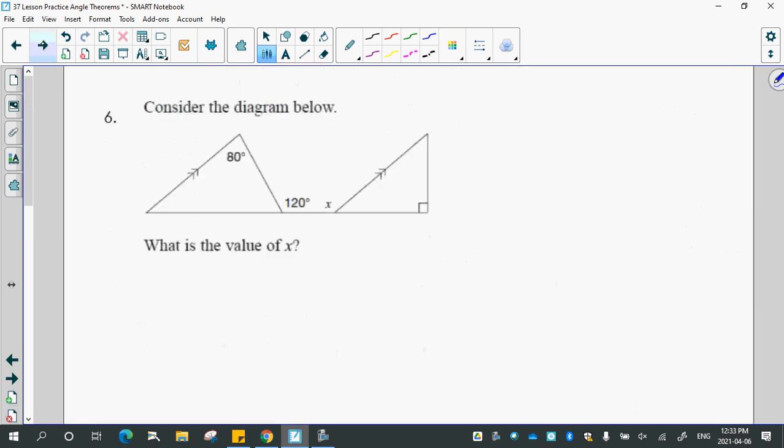All right, consider the diagram below. What is the value of X? This was also a stumper the year it was on. There are parallel lines.